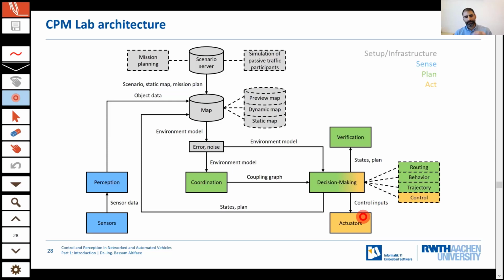So the actuators, it depends on the level of detail you are working in. If you are just interested in high level stuff, then you compute a steering angle of the wheels and a position for the acceleration pedal or for the brake pedal. And that's all.